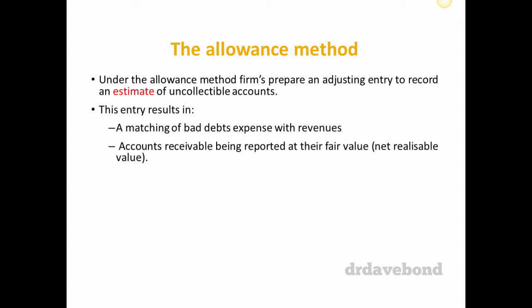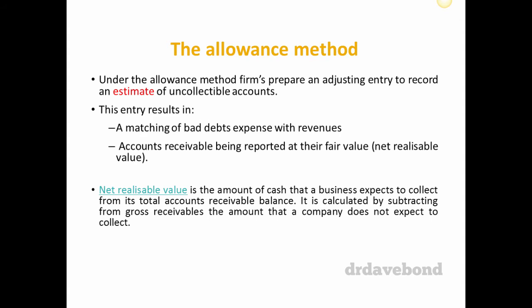It would be 1,000 less 20 gives us 980. So when we look at the balance sheet, we see that we only expect to get in 980, which means we're only really showing the accounts receivable at their fair value or their net realizable value. And when we talk about net realizable value, it's just the amount that we think we're going to get, what we're actually going to realize from collecting, because not everyone is going to pay us.